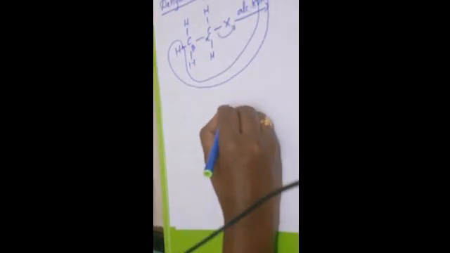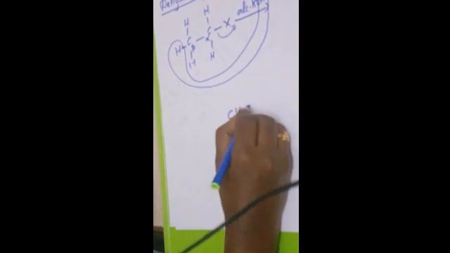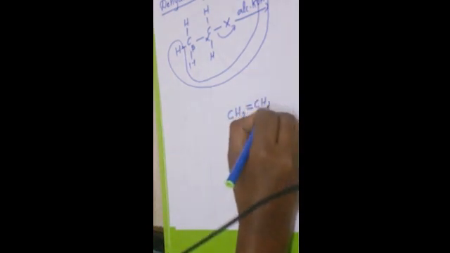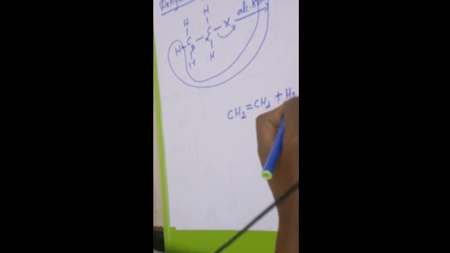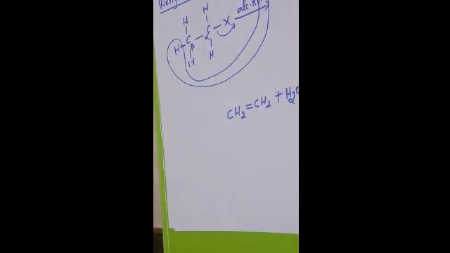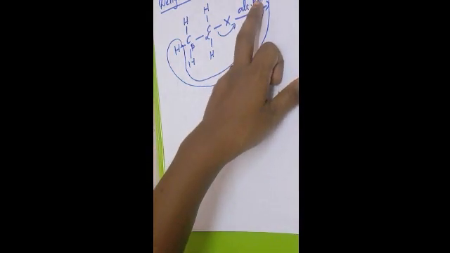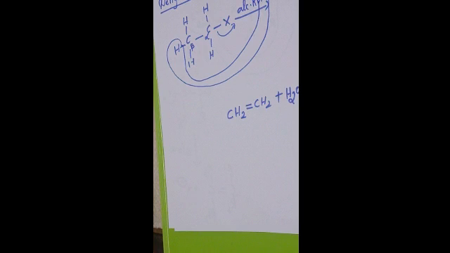So CH2 double bond CH2 plus a water molecule will be removed as well as halide ion. The nucleophile is a strong base, potassium hydroxide is a strong base, so it will go and attack the beta carbon in the backward direction.